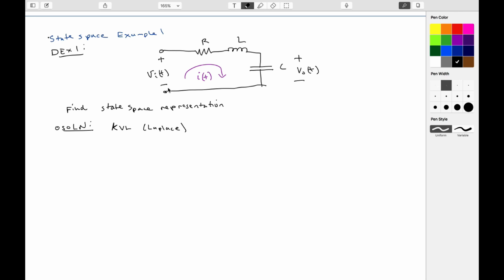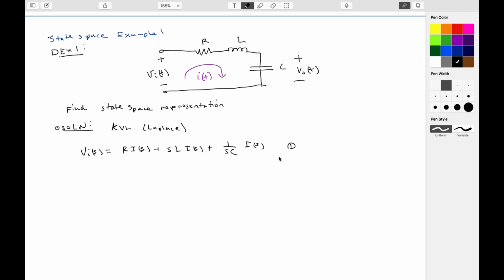And so starting here, we're going to get VI of S is equal to R times I of S plus SL I of S plus 1 over SC I of S. All right, so that would be one equation.